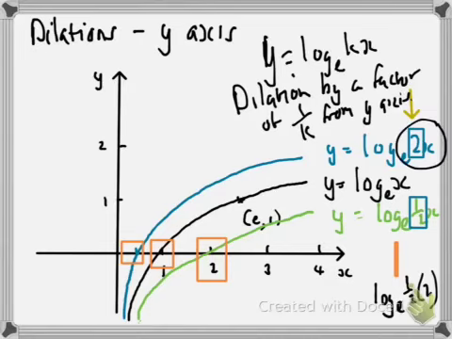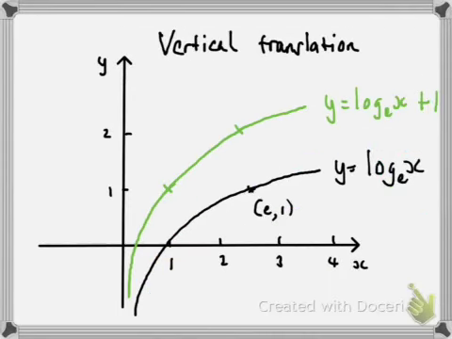We've got a 2 in front of the x, so we've moved closer to the y-axis by a factor of a half. Here we've got a half x. We've moved by a factor of 2 from the y-axis. So 1 over a half. So the dilation factor here is by 1 over the coefficient of x.